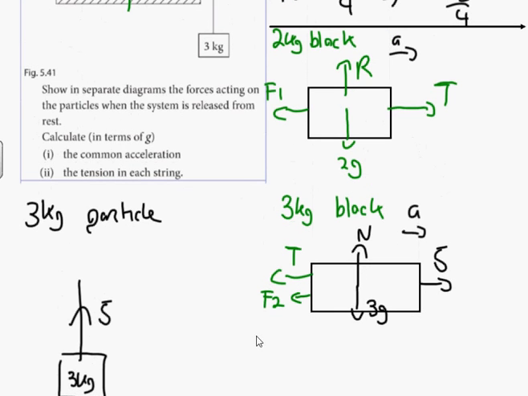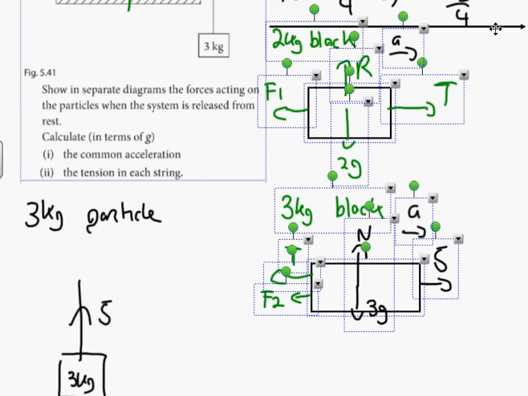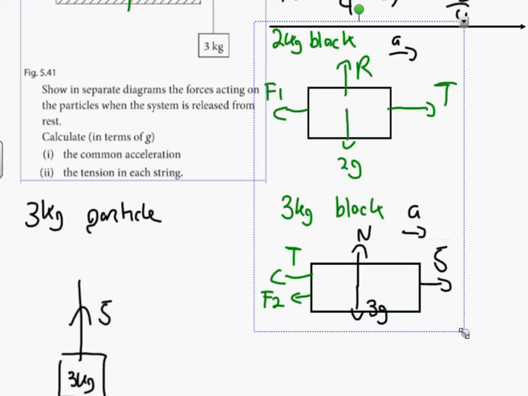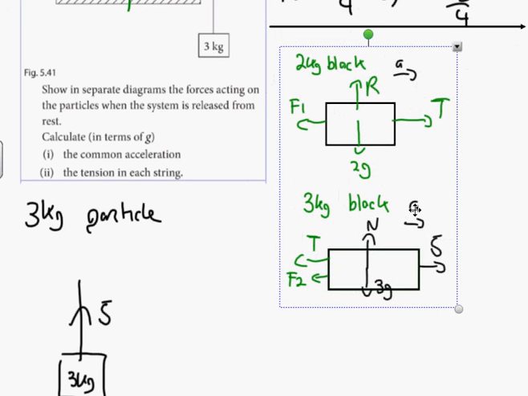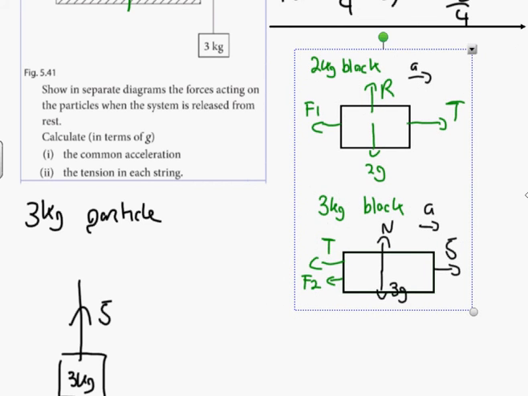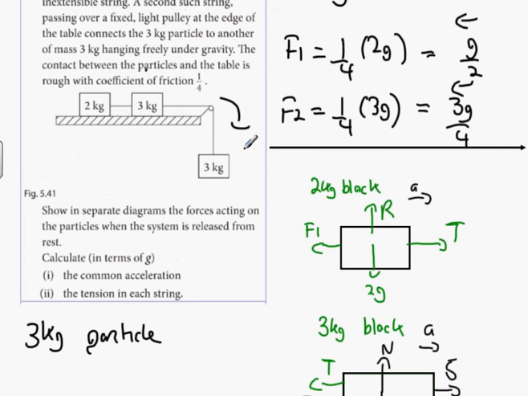Question: why in the 2 kg block is the tension going the same way as the acceleration? Because the full system as a whole is moving in this direction with common acceleration a. It's the only way it can go, otherwise it stays stationary.